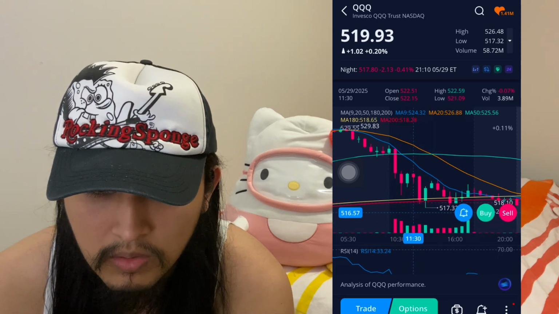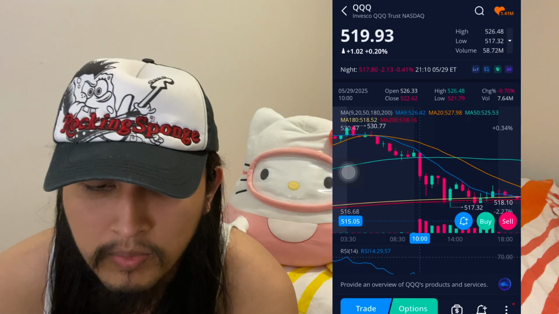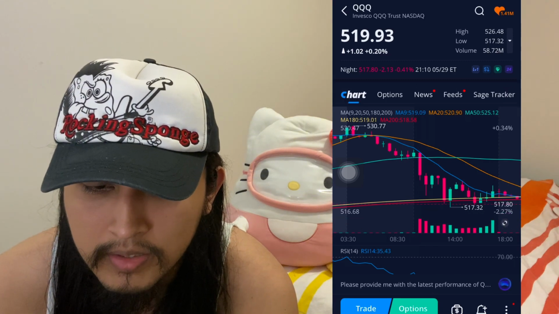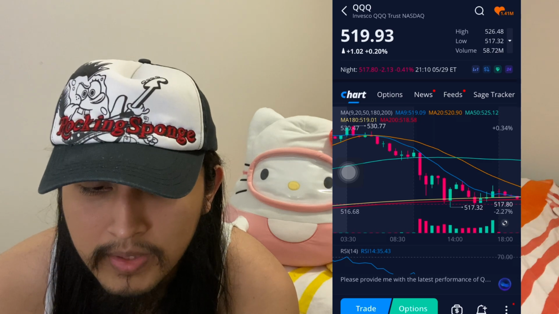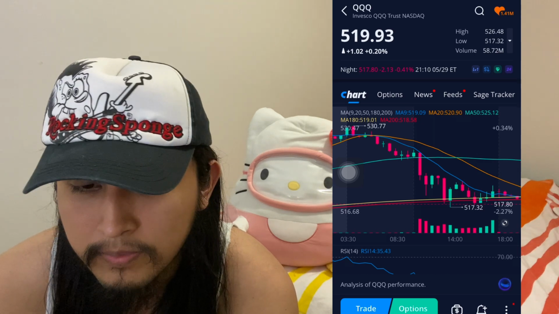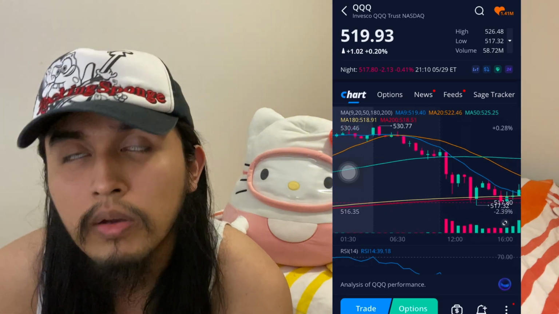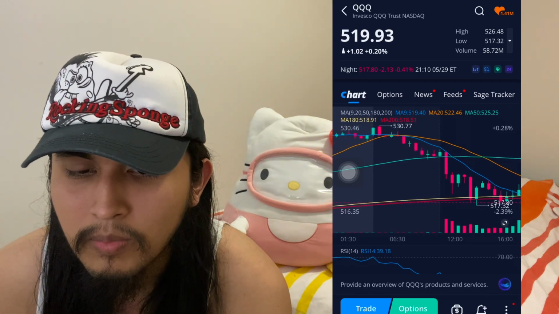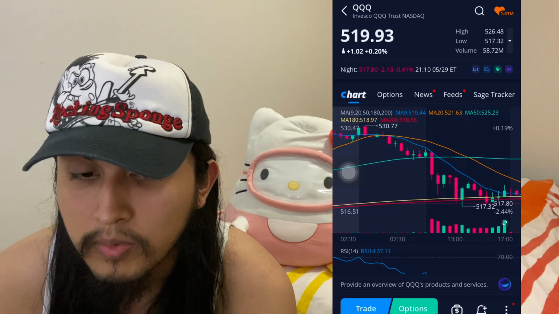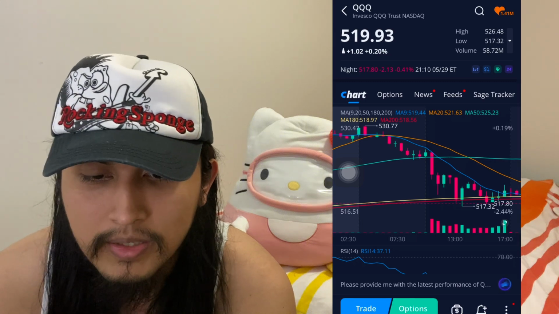You can see when QQQ approached the 9-day moving average, it got rejected by the 9-day moving average, and from there it just saw a downward trend. So what you could have done, step one, is buy a small position of put options once QQQ approached the 9-day moving average, and patiently wait for a rejection.